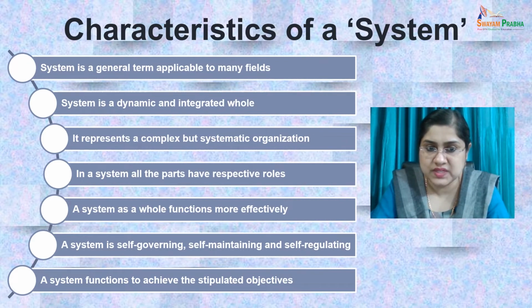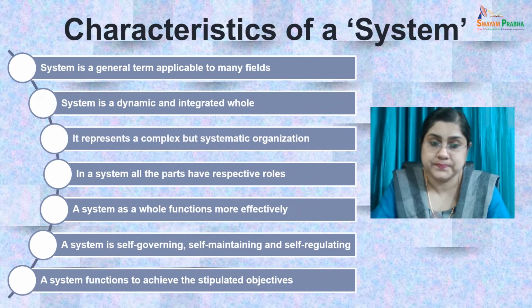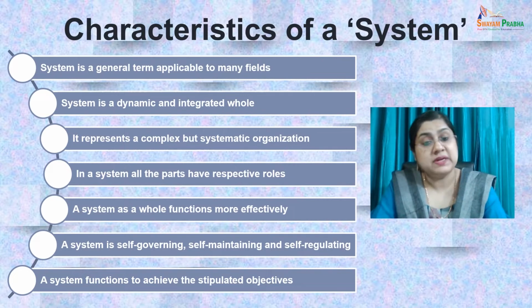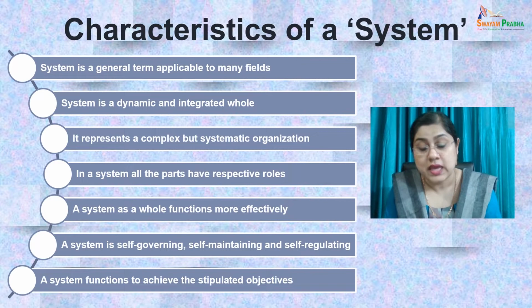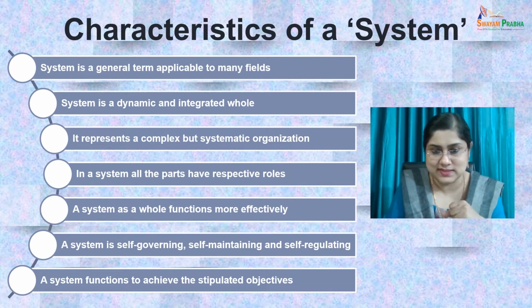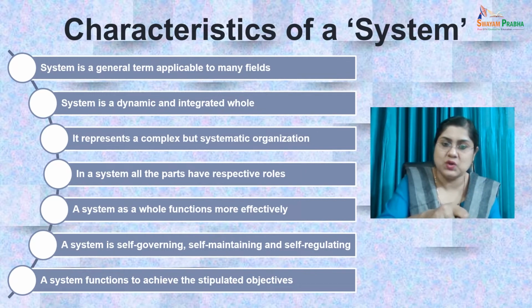So it should be dynamic and it should work as an integrated whole. Then the next feature is that it represents a complex but systematic organization of interrelated and interdependent parts or elements. So we cannot say that any of the elements can work in isolation. Every element depends on the other.